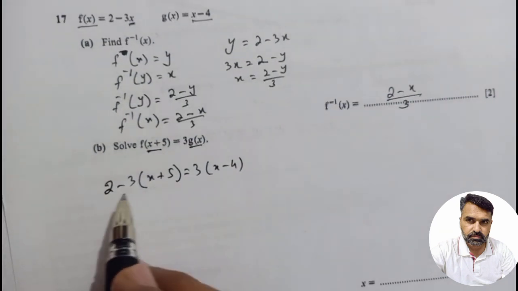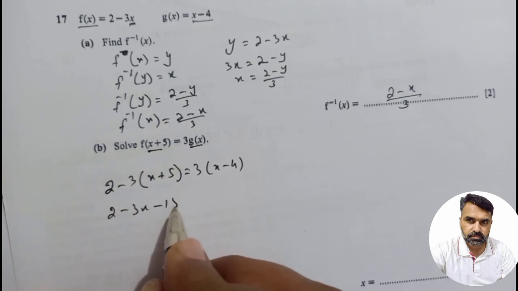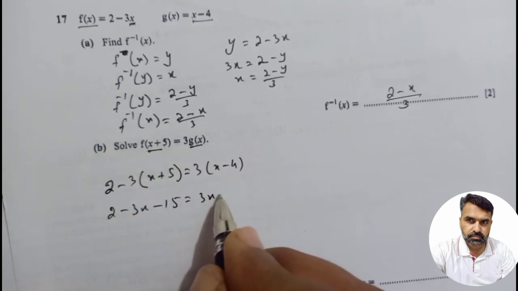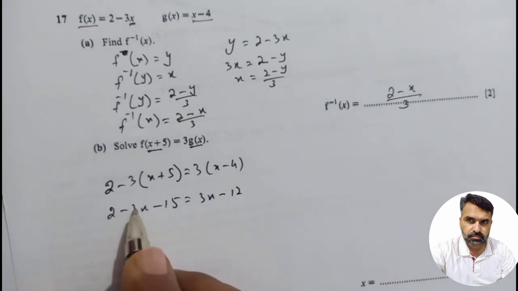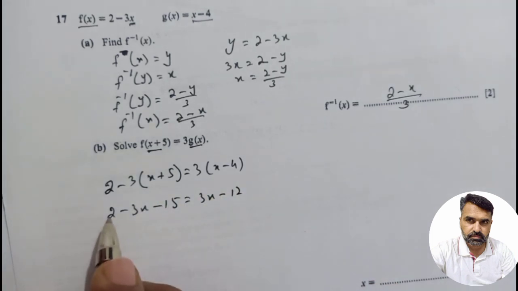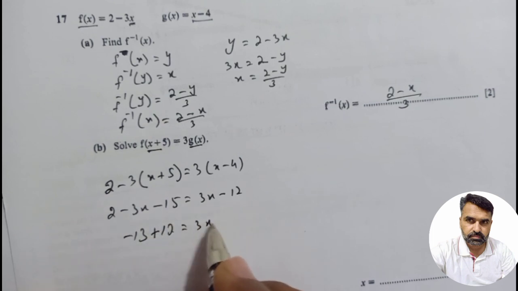Now students, we will simplify. It will become 2 minus 3x minus 15 is equal to 3x minus 12. Transfer this 12 to this side and this minus 3x to the right side, and we will have 2 minus 15, which means minus 13, and this 12 will become plus when we transfer it to the right side, is equal to this 3x, and this 3x will become plus when we transfer it to the right side, and it is minus 1 equal to 6x.